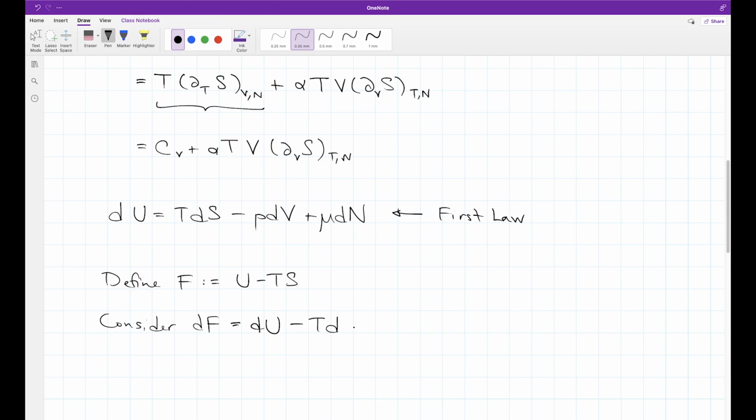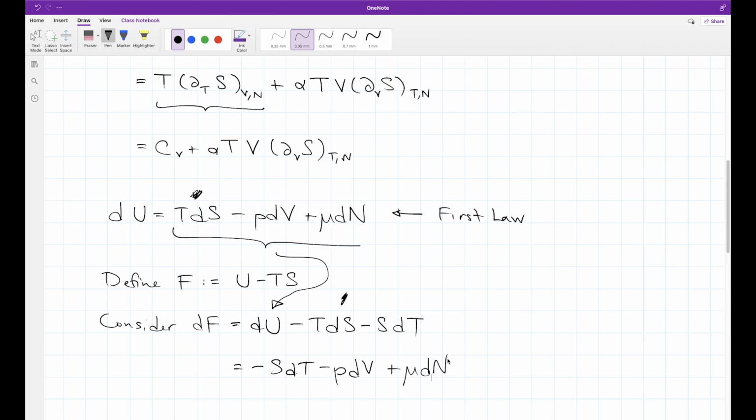It'll give us minus T dS minus S dT. But now if we plug all of this stuff back in here, we get that dF has a cancellation in it. This T dS cancels with this T dS here. And we get that dF is equal to minus S dT, minus P dV plus mu dN.